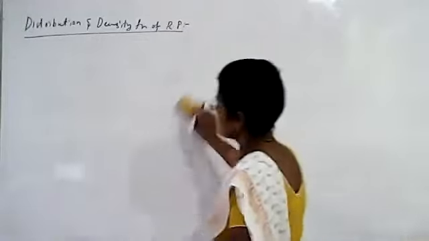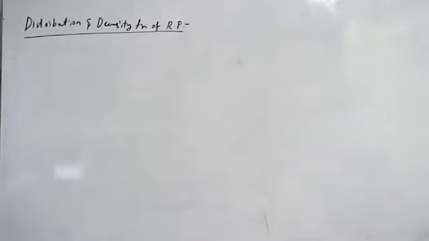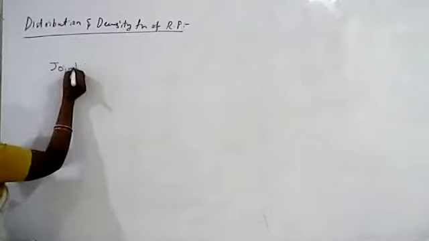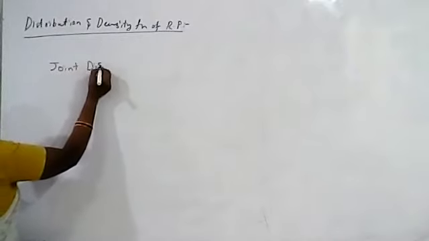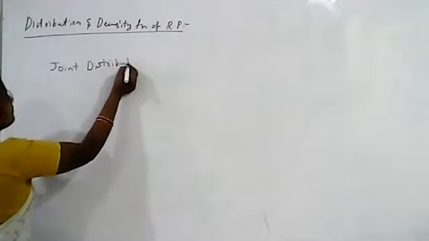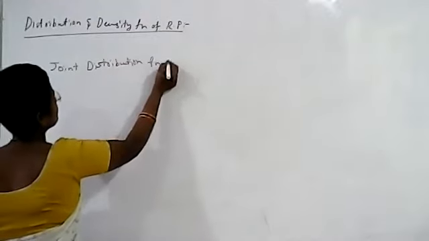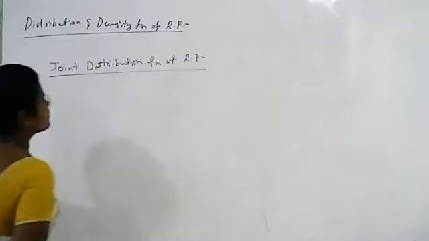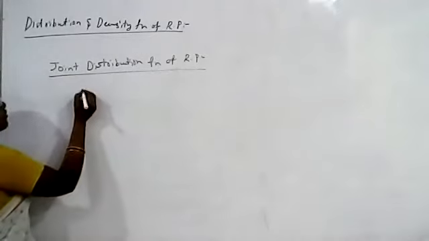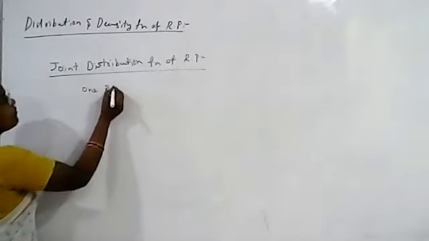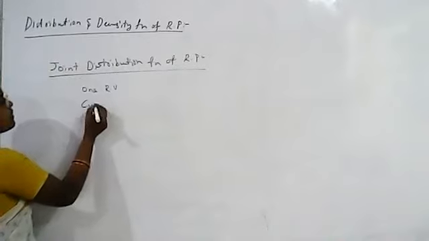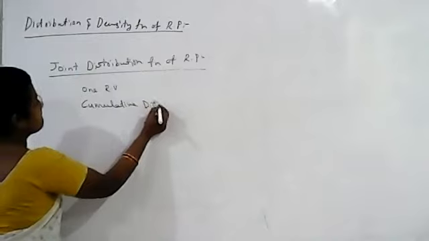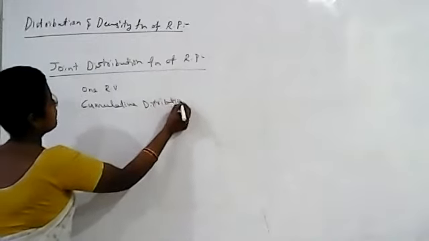Then we also discussed what is the joint distribution function of random process. For example, if you have only one random variable, then we call it the cumulative distribution function.